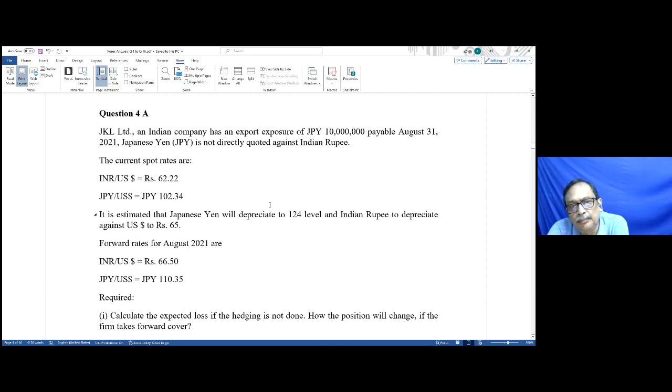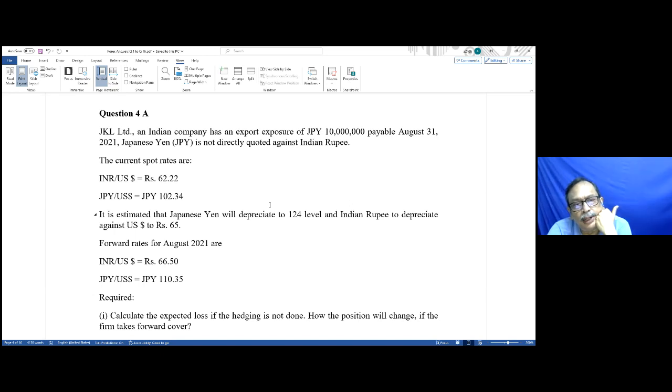JKL Limited, an Indian company, has an export exposure of JPY, means Japanese yen, payable 31st August 2001. Japanese yen, JPY, is not directly quoted against Indian rupee.